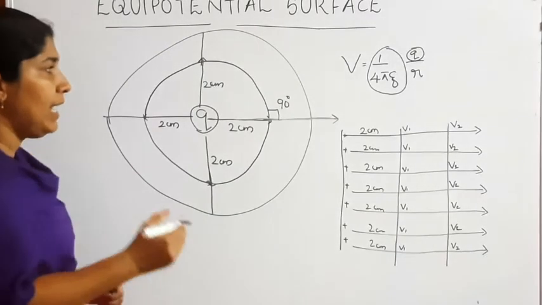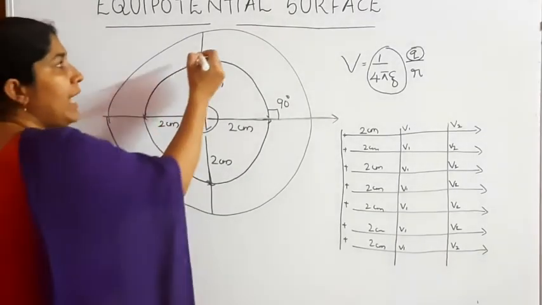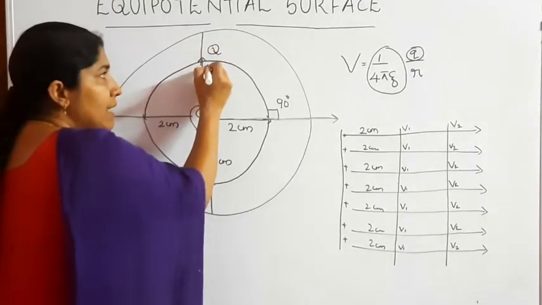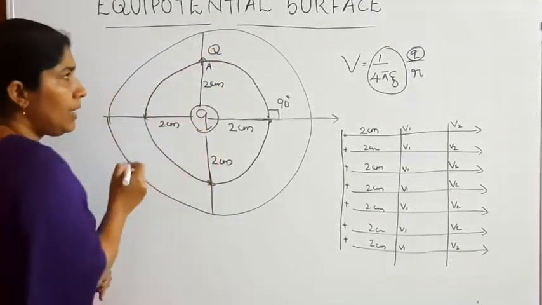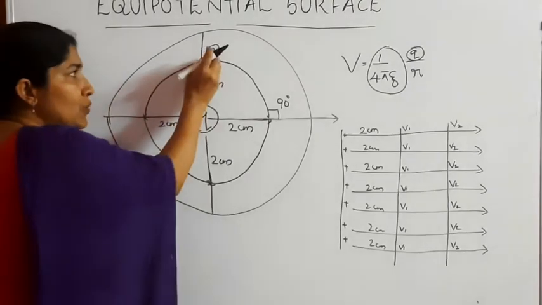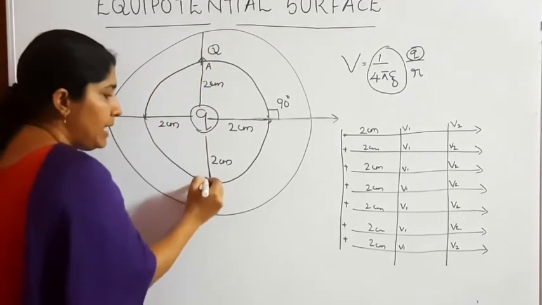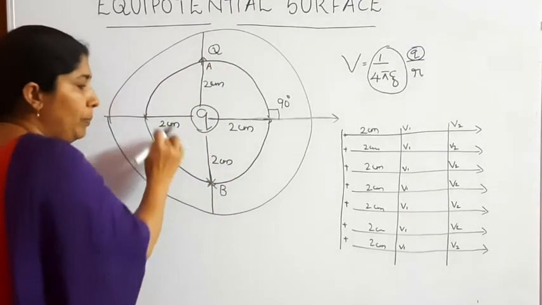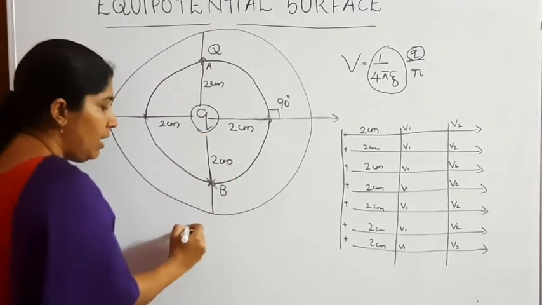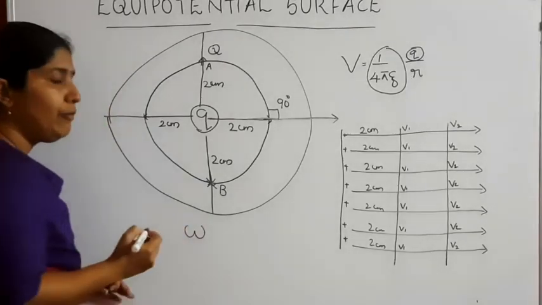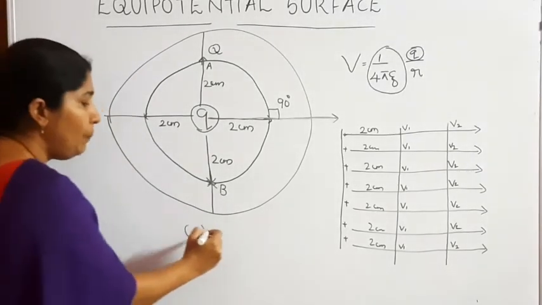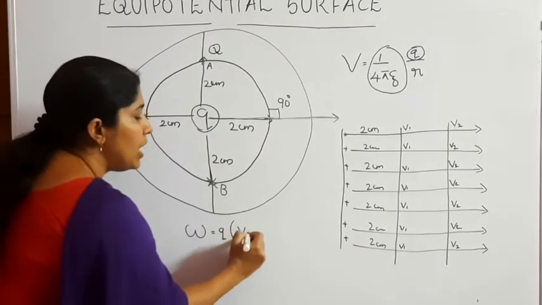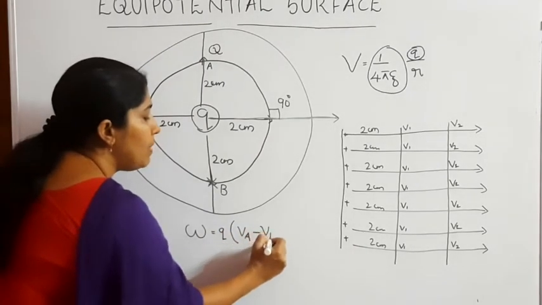What about the second point? If we take a charge Q placed at the point A, and bring this charge from A to B, where B is the point here, what about the work done? We already studied that work done W is equal to Q into the change in potential, VA minus VB.